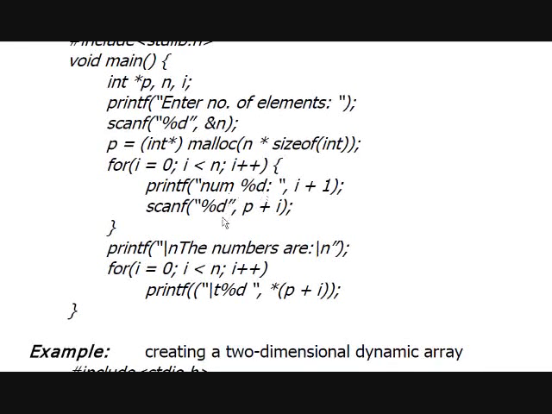Okay, then if you take a look at our scanf, you can just indicate there p plus i. So p is fixed, it will contain the address of the first memory cell that is allocated from the heap. Only the i changes for each iteration.